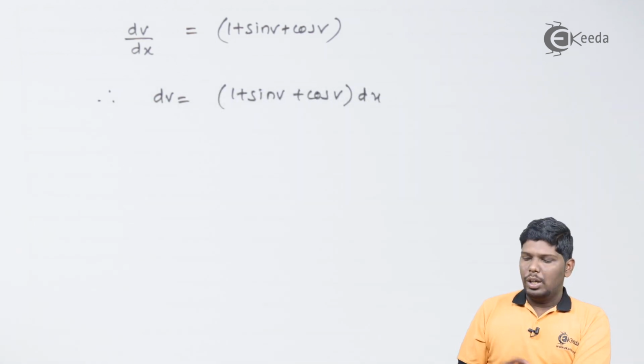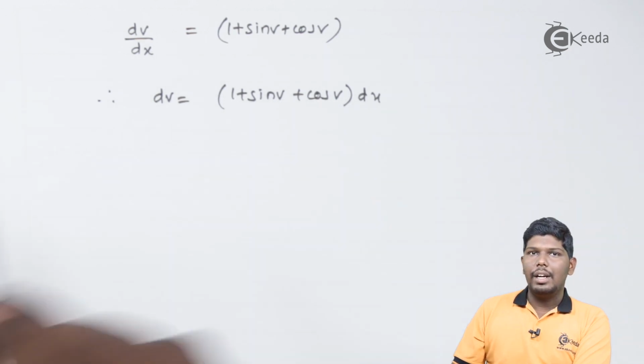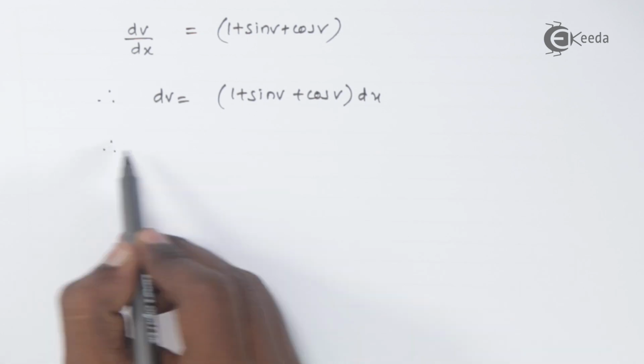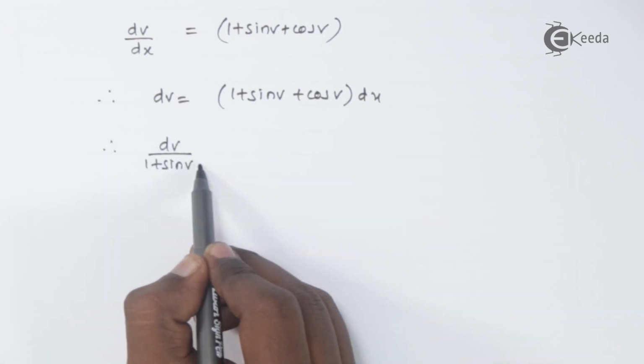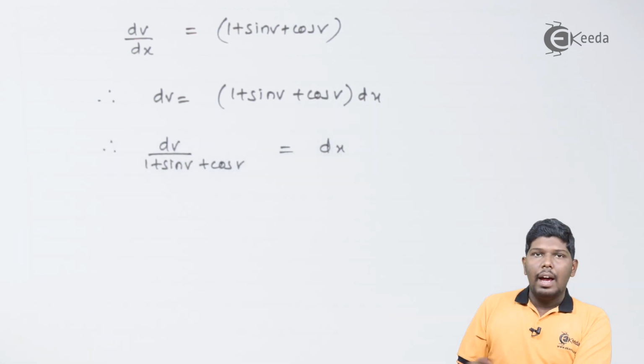So we have dv equal to 1 plus sin v plus cos v into dx. Now this term will be divided on the left hand side, and after that we can integrate on both the sides.